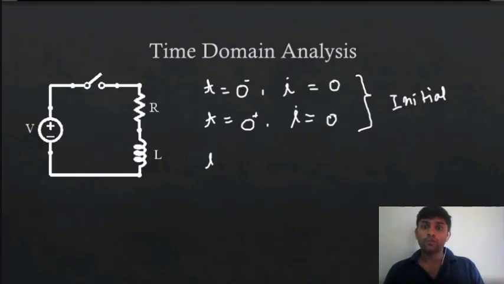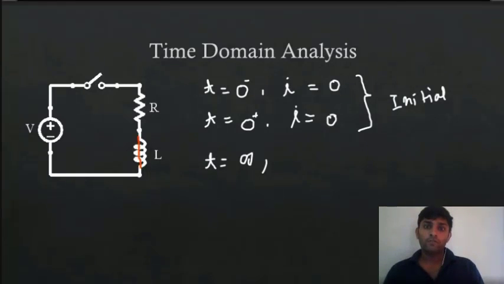And if we talk about the final condition, meaning at t equal to infinity, at the steady state, the inductor has the property that it will behave as a short circuit. So now the inductor will become a short circuit.